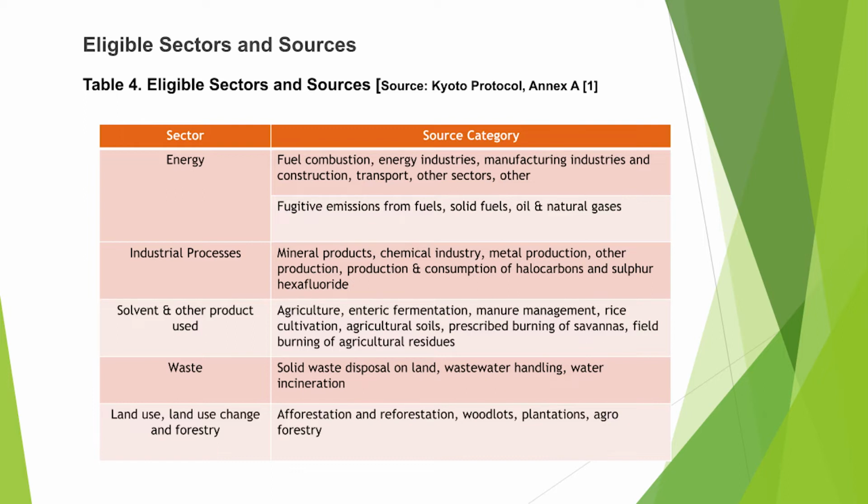Solvents and other products used, and agriculture come from manure management, rice cultivation, agricultural soils, prescribed burning of savannas, and field burning of agricultural residues. Waste comes from solid waste disposal on land, wastewater handling and waste incineration. Land use, land use change and forestry come from woodlots, plantations and agroforestry.